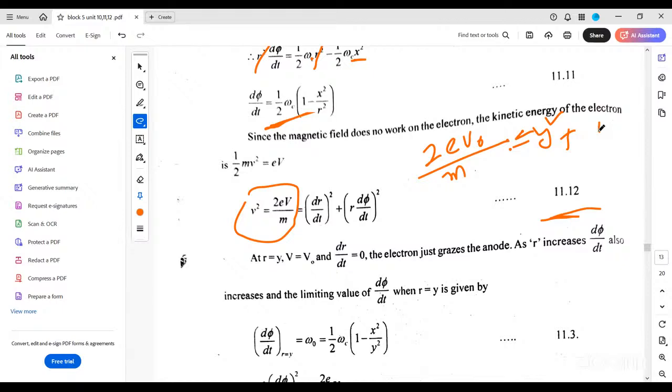This is written using polar coordinates. We write the velocity equation in polar coordinates. After that, we will substitute that one. What is the equation we have?